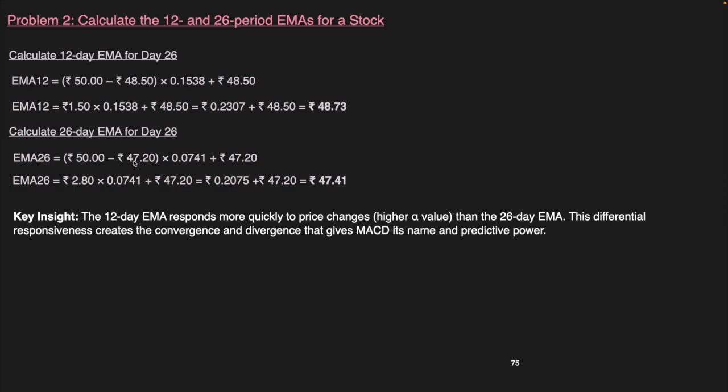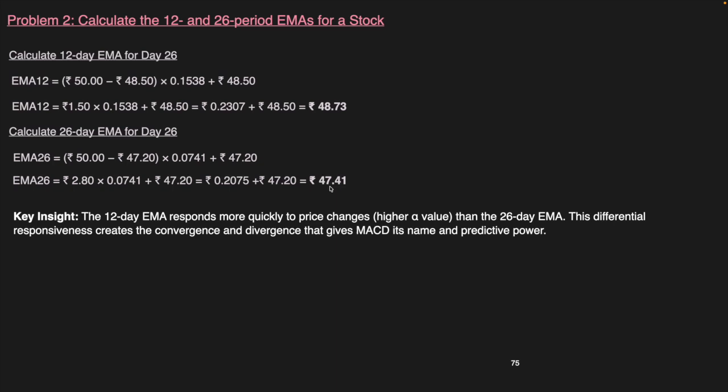Here, instead of 48.5, they have given the 26-period EMA of the previous day as 47.2. So we plug in that value of 47.2 with 0.0741, plus rupees 47.2, which is the previous day's exponential moving average. So EMA 26, just do the mathematics, comes to 47.41.